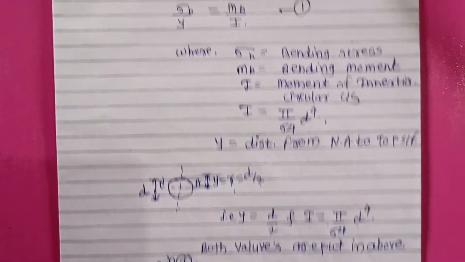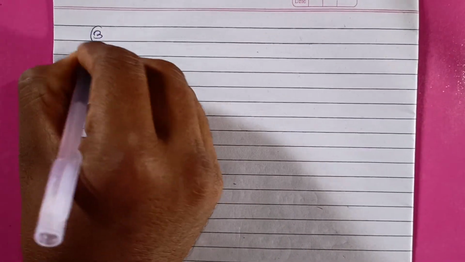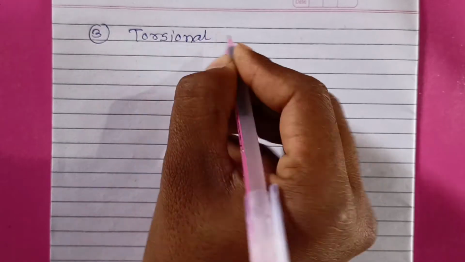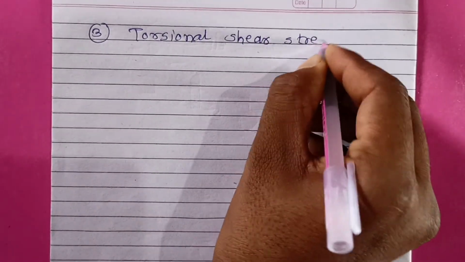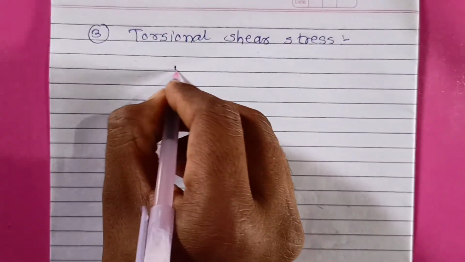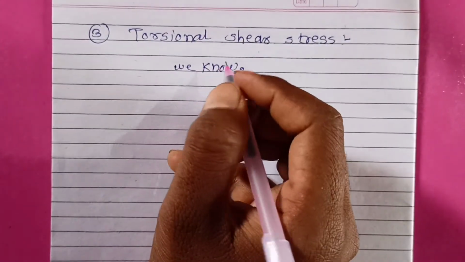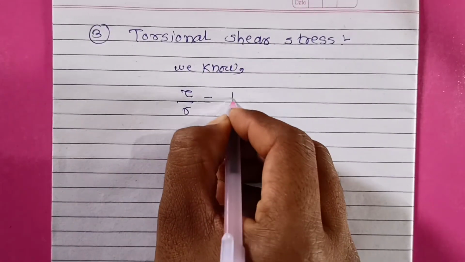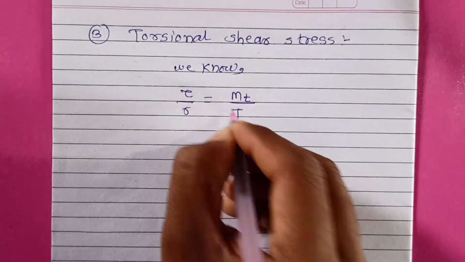Now the third one is torsional shear stress. Here we know the formula is tau divided by r is equal to mt divided by j.